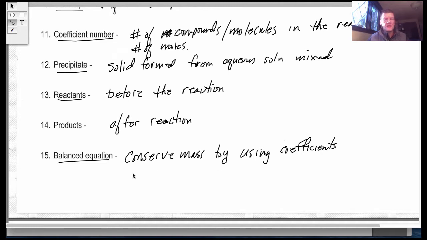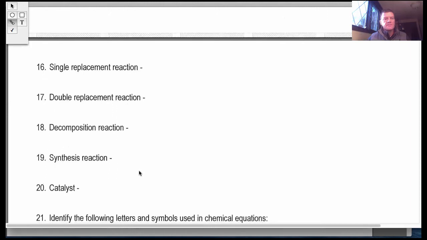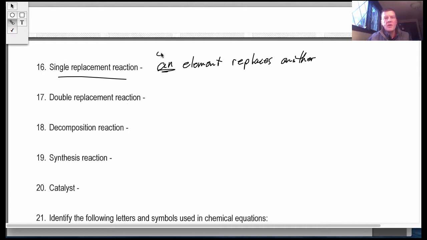Okay. A few more here. A single replacement reaction. An element replaces another. One element. Okay, one element replaces another that was in the compound.